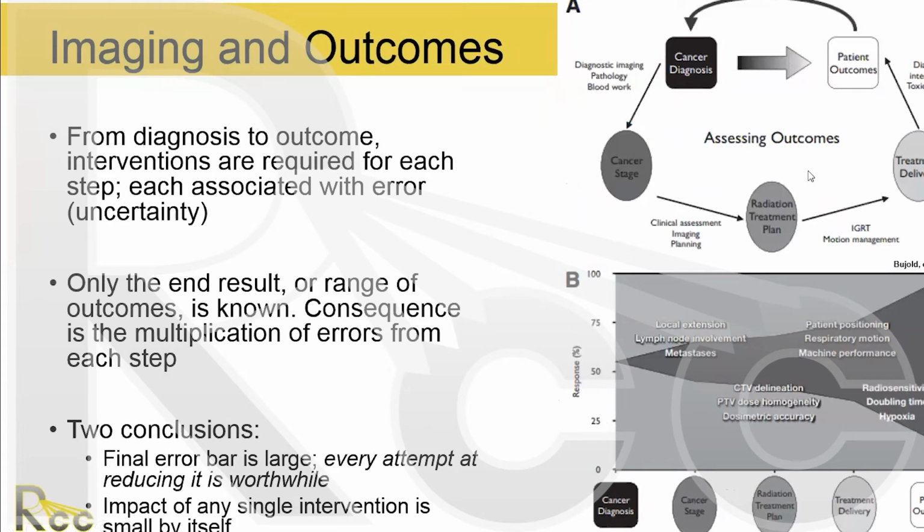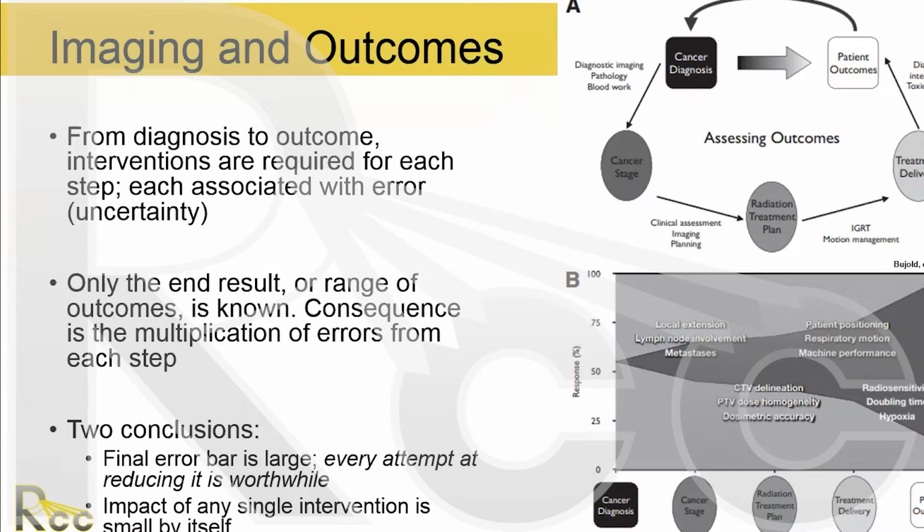Here's some other ways of looking at it in terms of relation to outcomes. From diagnosis to outcome, we've got many different interventions, many different steps. And each one of those steps, and we're talking outside of just the physics realm, we're talking from the diagnosis to the staging to the contouring, and then actually the biology.